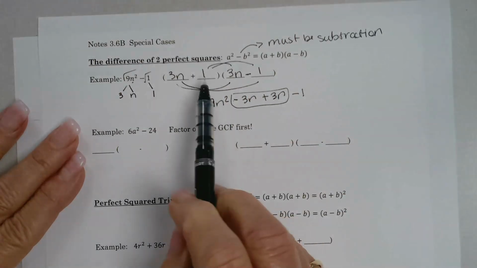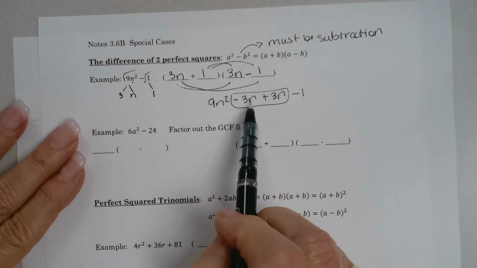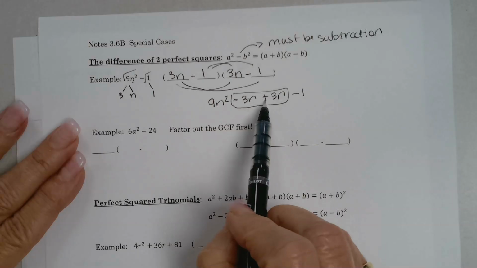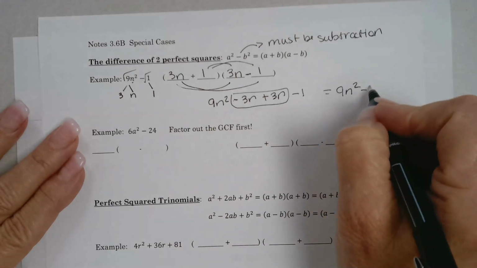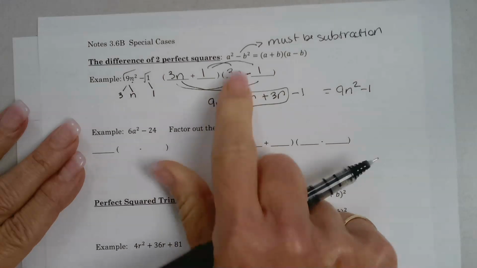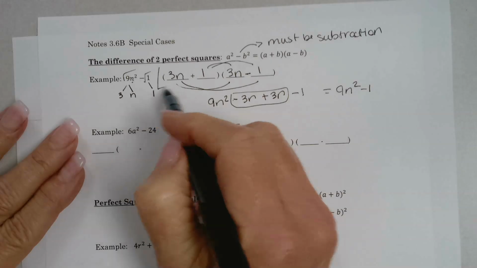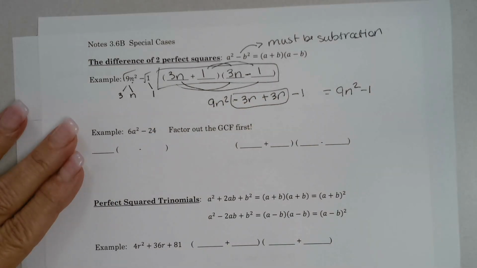When you have the same thing in the parentheses and the only thing different is the sign, it cancels out those middle terms. You get a negative 3n and a positive 3n, so you're left with 9n squared minus 1. But that's the purpose for only having two terms there. So I just wanted to show you that as far as factoring goes, this is so easy to do.